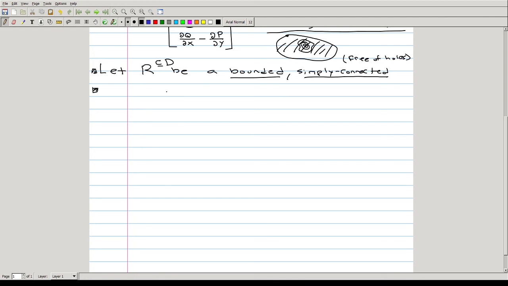And then our second assumption is we're going to let the curve C be a piecewise smooth curve, the boundary of the region R. So C is the boundary curve that bounds the region R. Then the statement of Green's theorem is as follows.